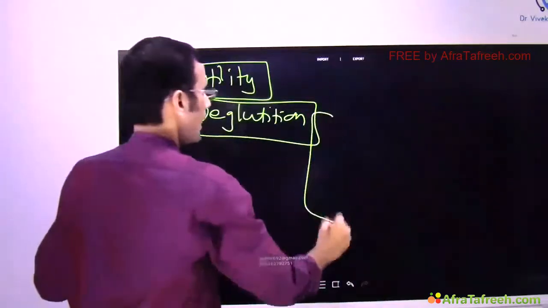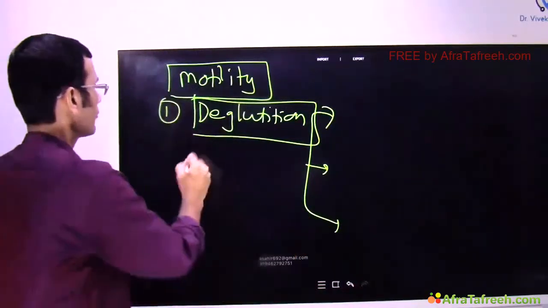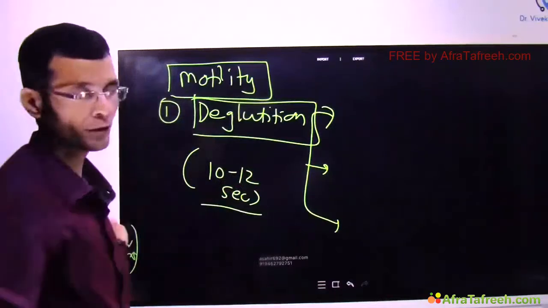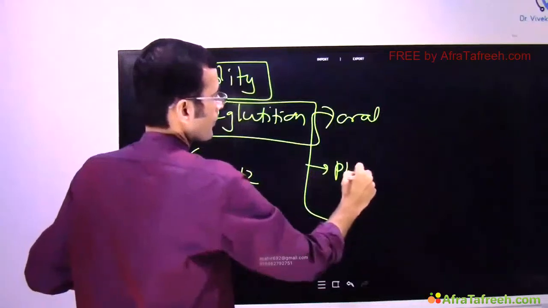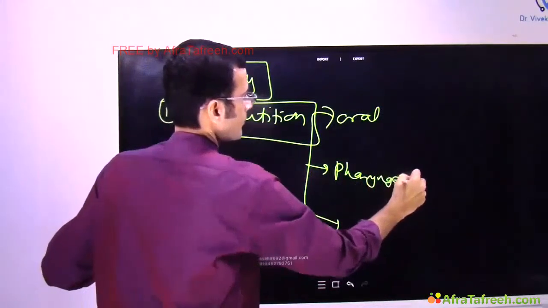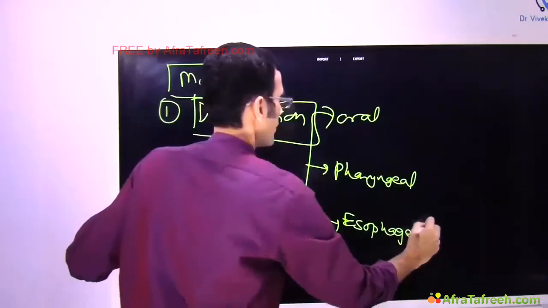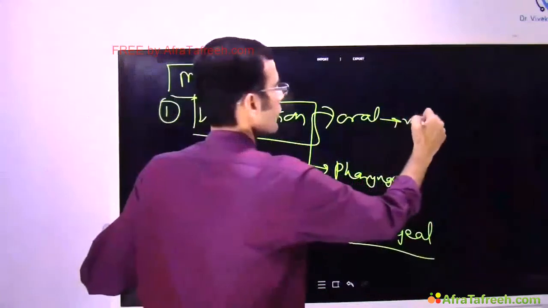Swallowing has three phases. The entire process of swallowing occurs in 10 to 12 seconds, and it has three phases: oral phase, pharyngeal phase, and esophageal phase. Only the oral phase is voluntary.